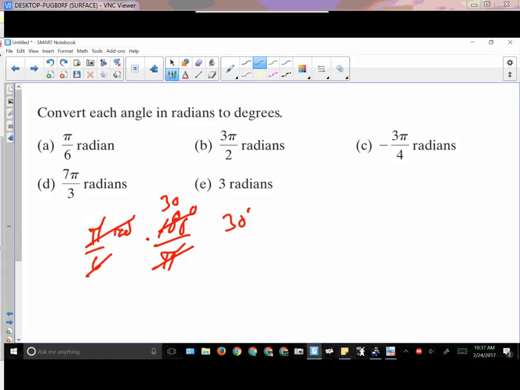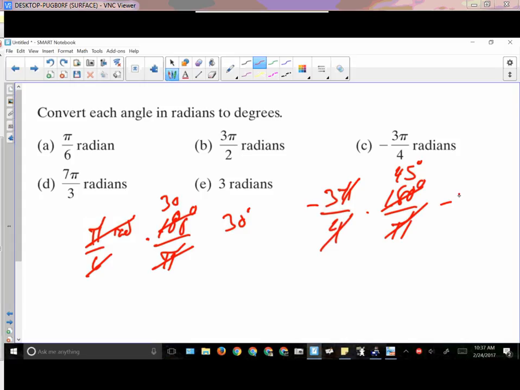Okay. So if I want to do, say, C, I got negative 3 pi over 4, multiply it by 180 over pi. Pi's cancel out, 4 goes into here, and we end up with 45. 3 times 45 is what? Be 135.